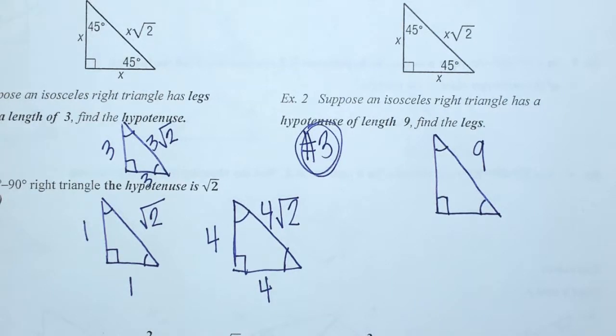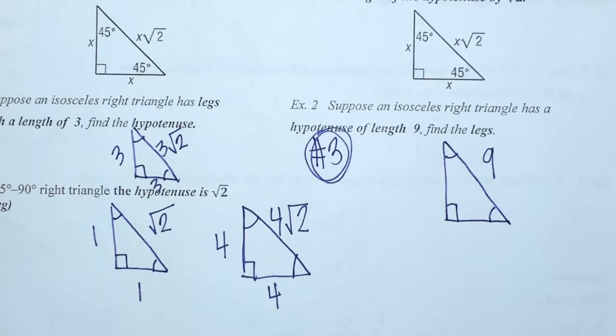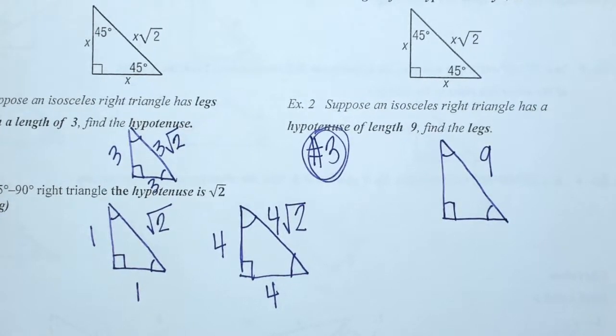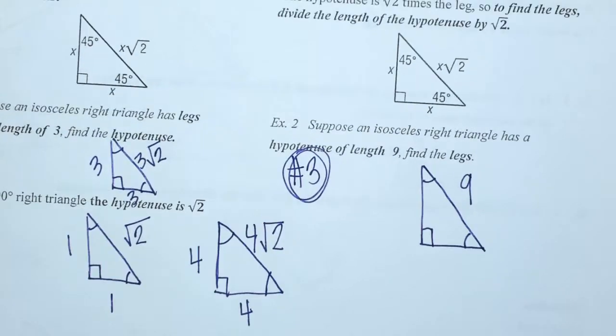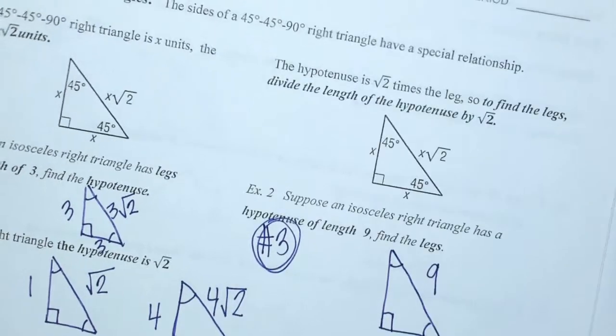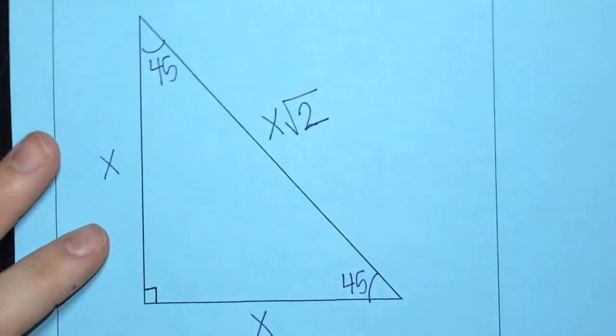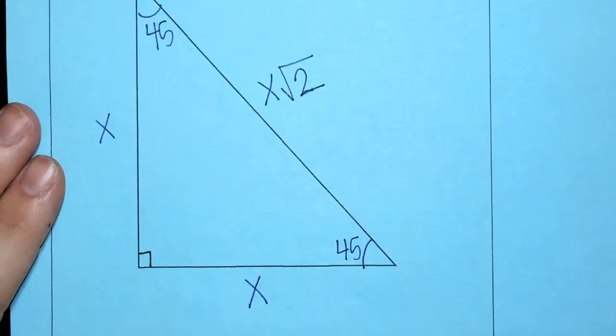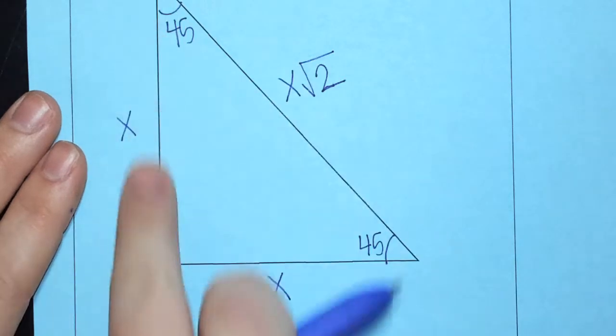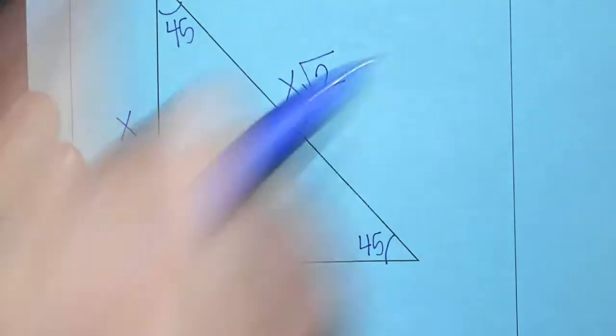Find the legs. Okay, so let's do this. Look over here. Can we call this a leg, and this a leg, and this a hypotenuse?